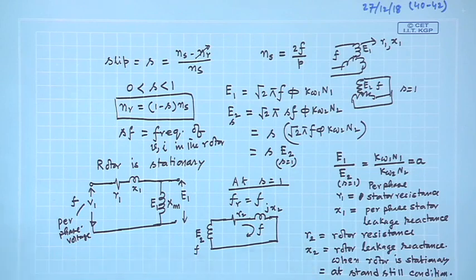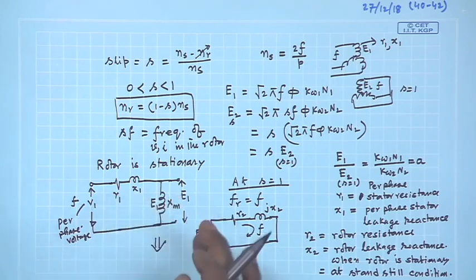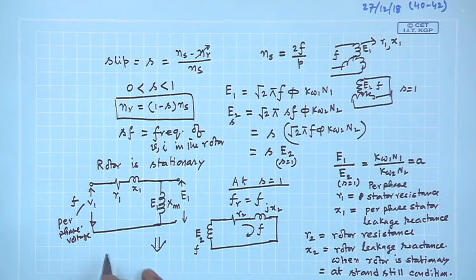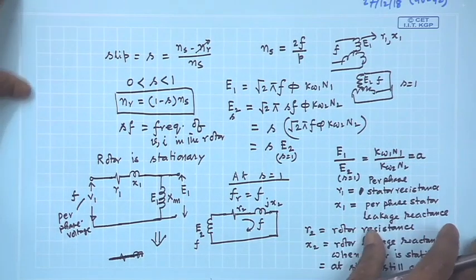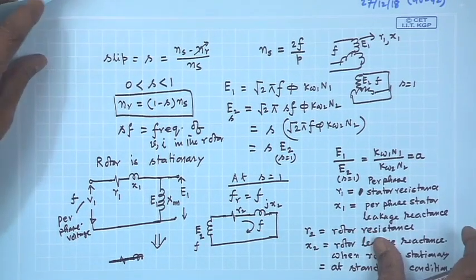So, this must be remembered, and this is the equivalent circuit at S equal to 1. Now, from circuit analysis, I can connect these 2 points with these 2 points, provided I do this with R1. Let us do it on another page.